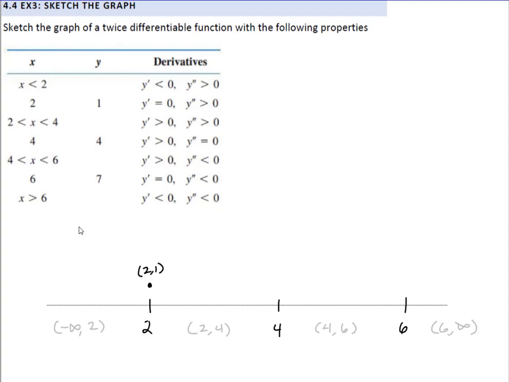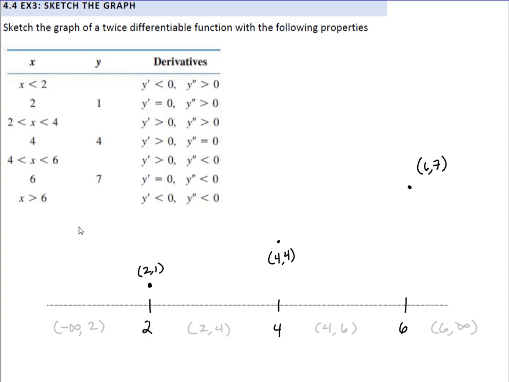I also have over 4, up 4, so I'll make that a little bit higher, maybe even a little higher than that. We'll say we've got 4, 4. And then we have over 6, up 7, so I'm going to make that point a little higher. Of course, this doesn't have to be exactly to scale. The whole idea here is we're trying to get an idea of what's going on.